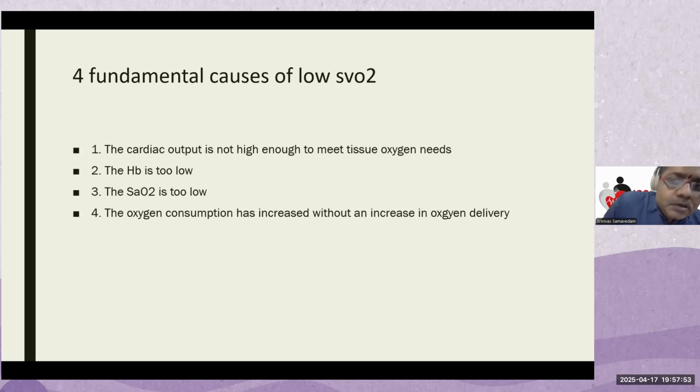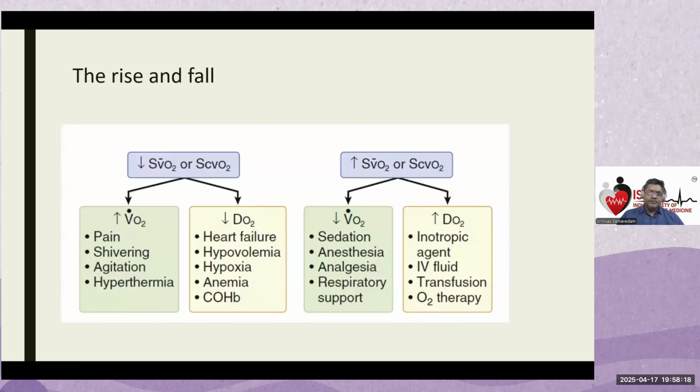So the fundamental causes of a low SvO2 are: one, the cardiac output is not high enough to meet the tissue oxygen demand, or the hemoglobin is very low, as in hemorrhagic shock. The SaO2 is too low, like in hypoxic conditions, or the oxygen consumption has increased without an increase in oxygen delivery. This is typical of distributive shock. So these are the conditions for the rise and fall of ScvO2.